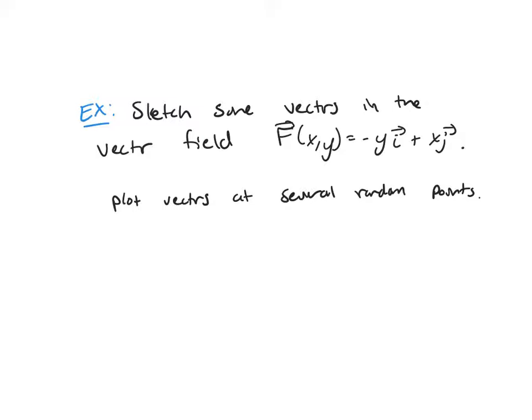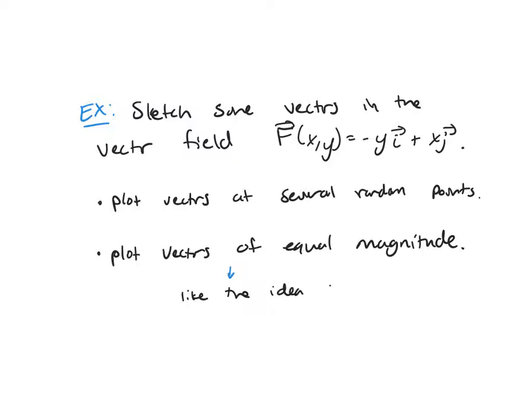We want to consider really plotting vectors of equal magnitude or length. And this idea is like the idea of level curves that we looked at a long time ago.